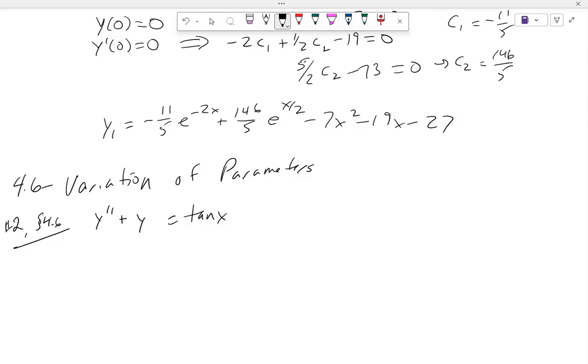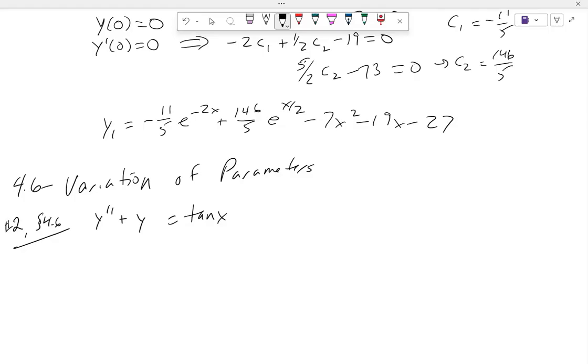So far they haven't changed the coefficients; there are still constant coefficients, but they have changed the forcing function, because tangent doesn't have nice patterns for the derivatives.